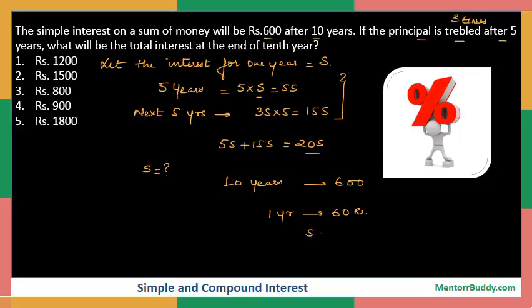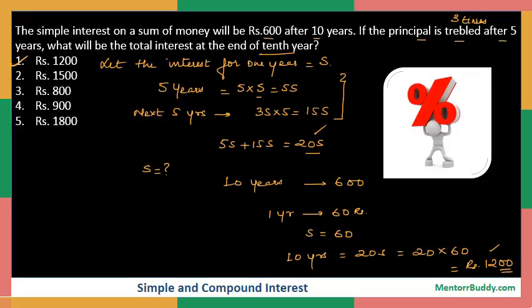That is, S is equal to 60, and therefore 20S, that is interest for 10 years, becomes 20 times of S, which is equal to 20 multiplied by 60, and this gives me 1200 rupees as the total interest at the end of 10th year. So the answer to this question becomes rupees 1200.